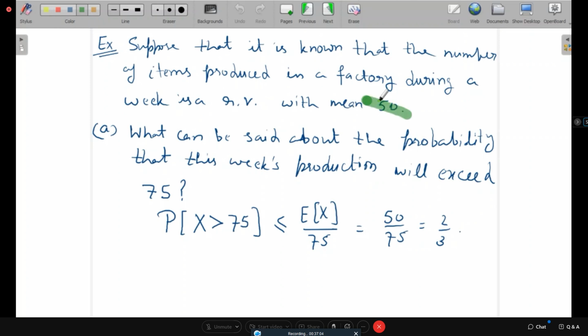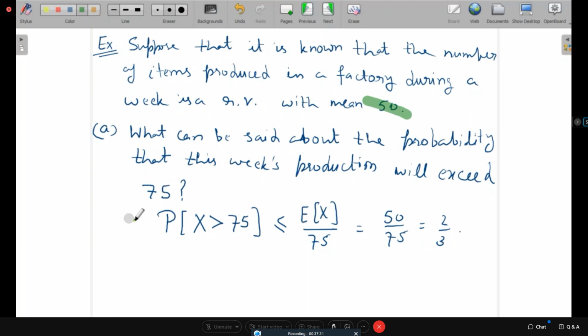So I have only the following information. If you denote by X the number of items produced in a factory during a week, then it is a random variable whose mean, the expectation value of X, is 50. Now, what can be said about the probability that this week's production will exceed 75?